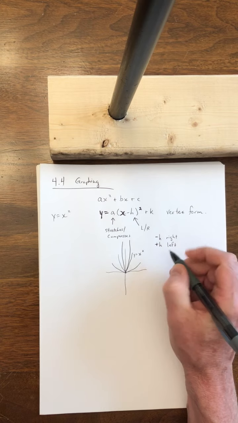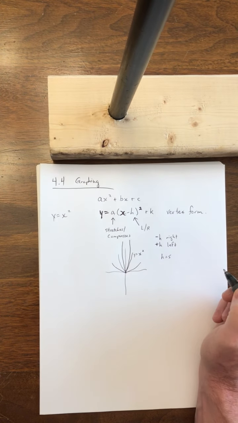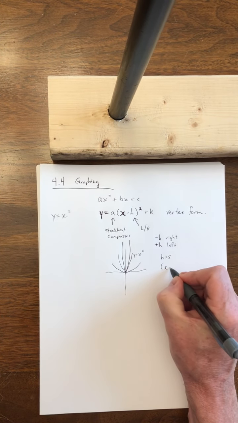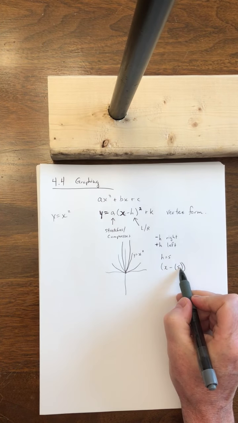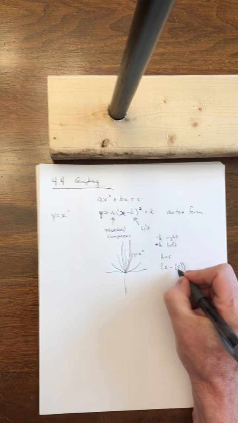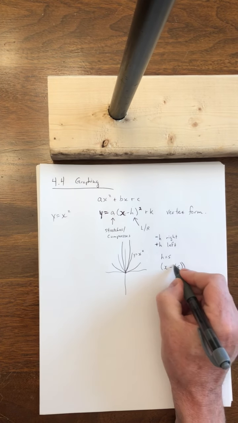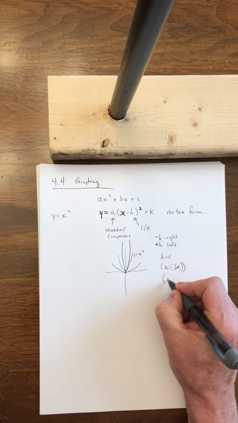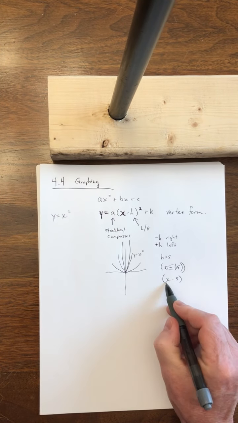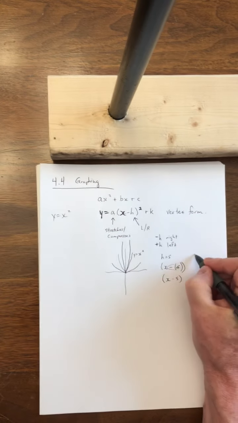So if h is 5, x minus 5, so just subbing in 5 for the h, h being positive 5 looks like a minus 5.